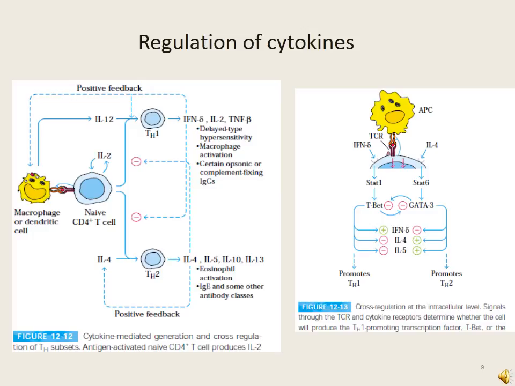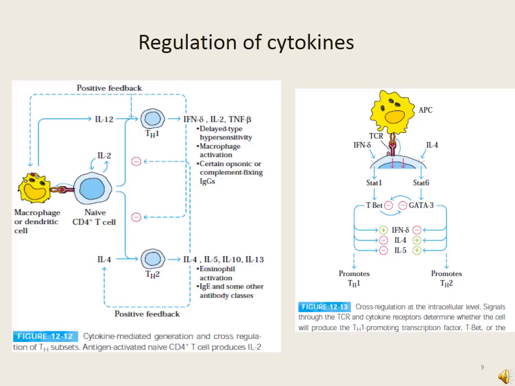For the activity of one cytokine, firstly, interleukin-2 is the growth factor of the immune cell, the T cell. When T cells are activated, there is production of interleukin-2, which functions as an autocrine activity.